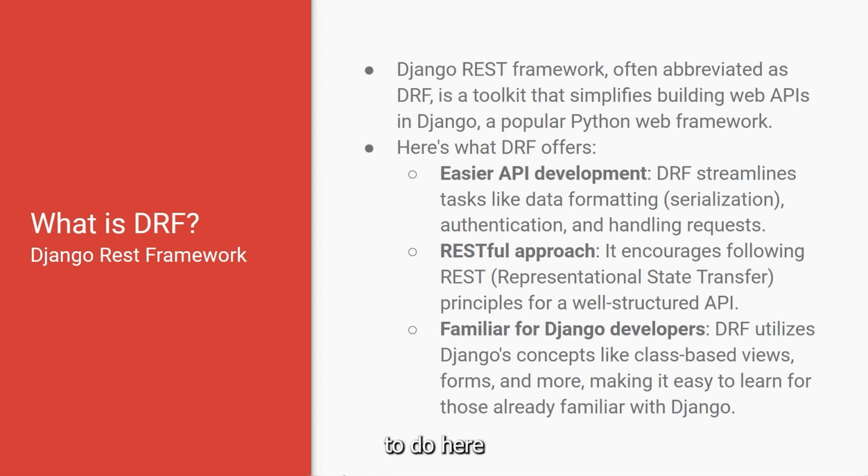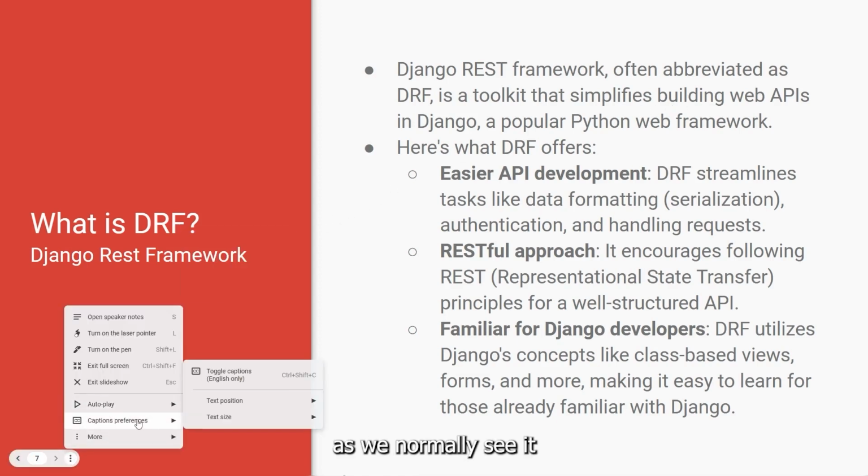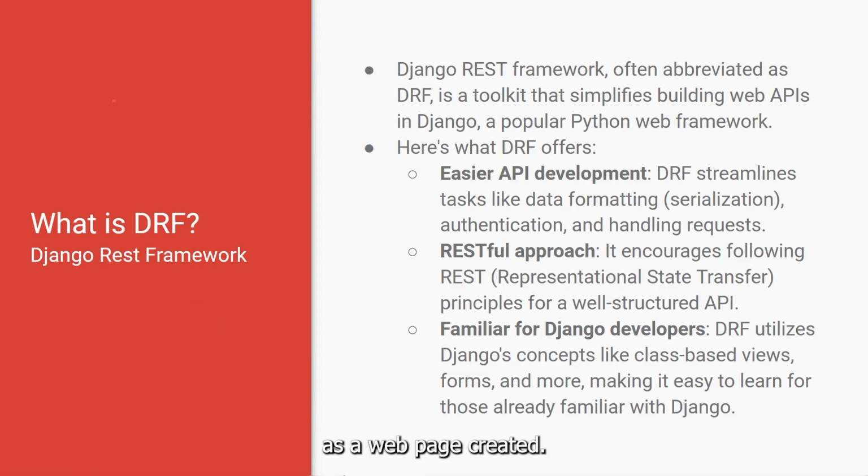So what we're going to do here is start from the top. Here we can see Django REST Framework, often abbreviated as DRF, is a toolkit that simplifies building web APIs in Django, a popular Python web framework. So what do we normally see Python or Django as? We normally see it as creating web pages for us.